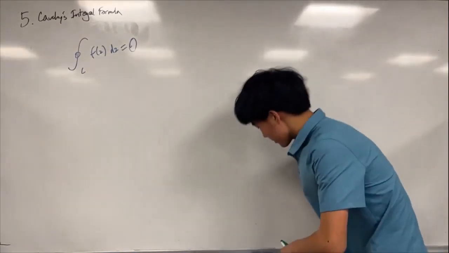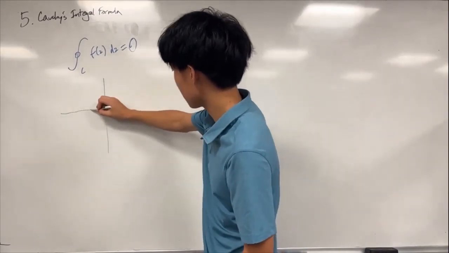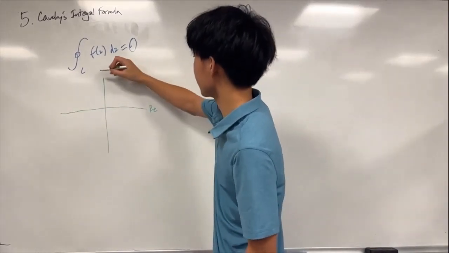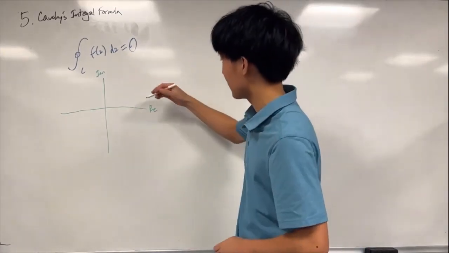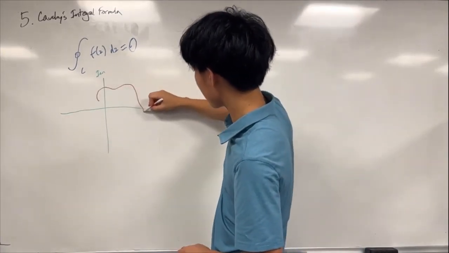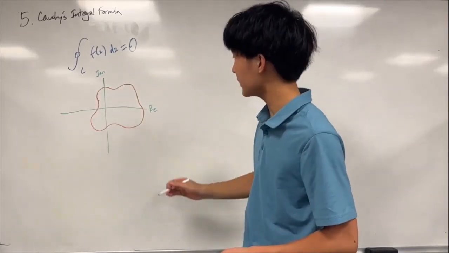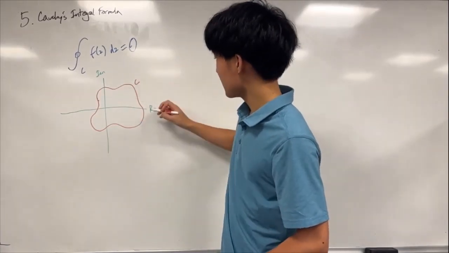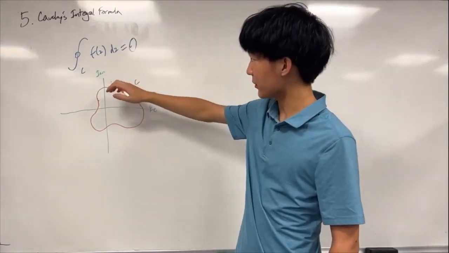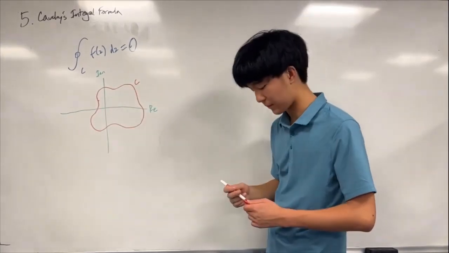We can see this on the complex plane with our real and imaginary axes: for any contour, as long as it doesn't enclose a singularity, and f of z is holomorphic over the entire thing, the integral of f of z over this contour is 0.